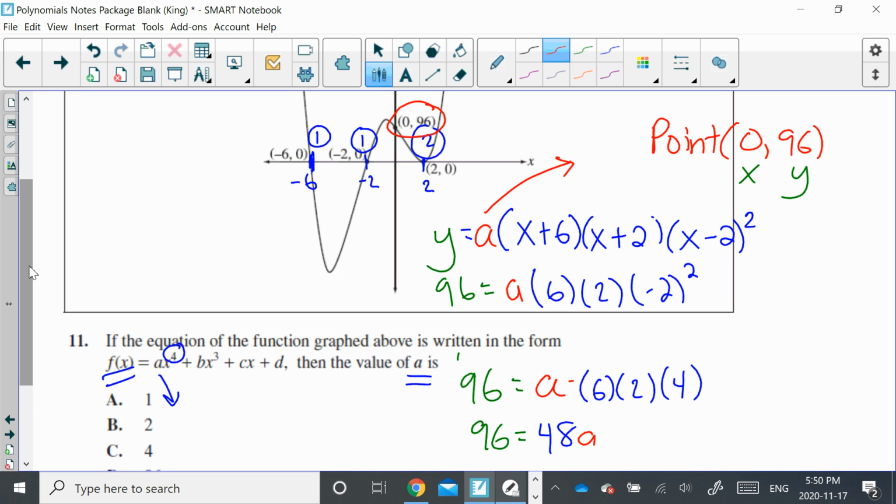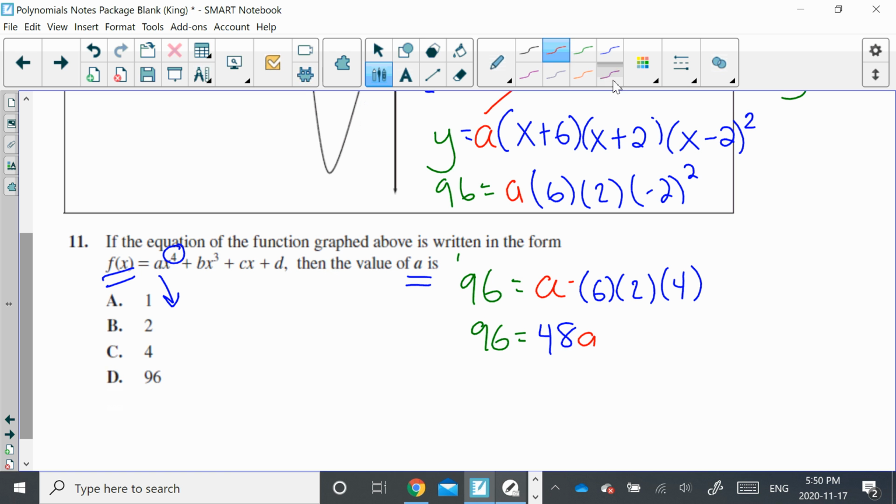And now I could solve for a. So in order to get a, I divide this side by 48, and I divide this side by 48 to isolate a. And a is equal to 96 divided by 48 is 2. So my a value in my polynomial function is going to be 2. That's going to be my a value. So I could either put the 2 here, or if I expanded this out, there would be a 2 there. So the answer for this question is B.